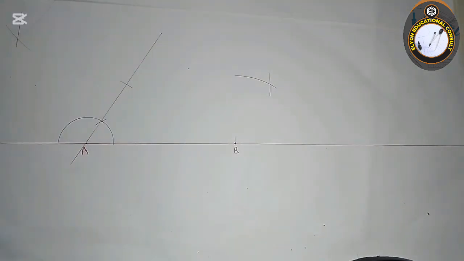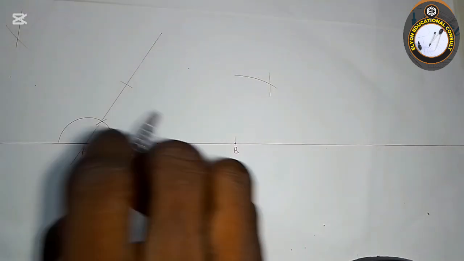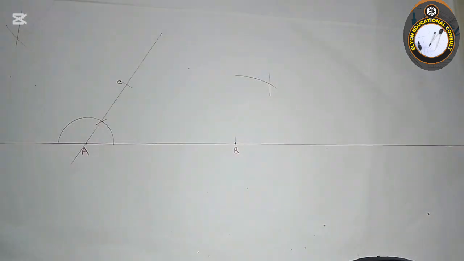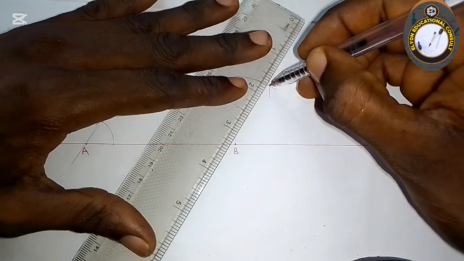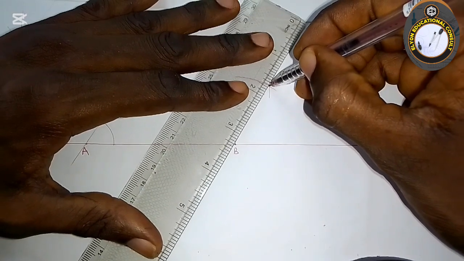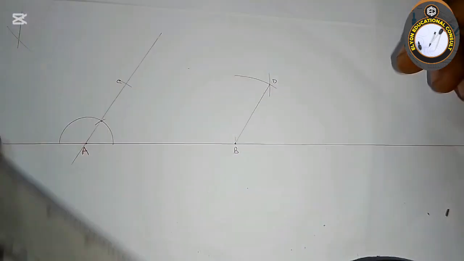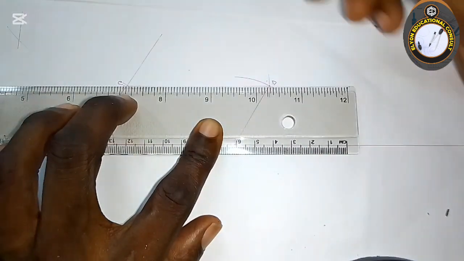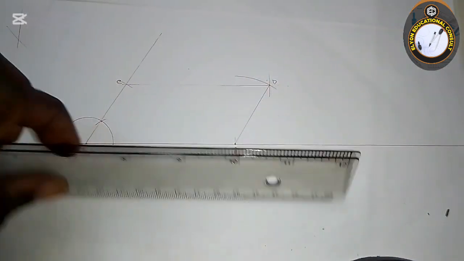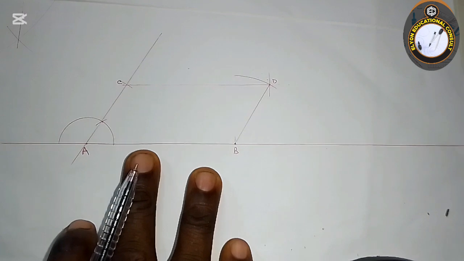If I call this point A, B, this point C, and this point D, I can join this to this, this way. So this is my parallelogram, constructed now.